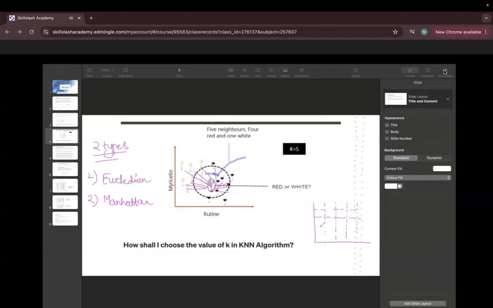So consider we have the x-axis with some feature, and the y-axis with some feature. Suppose we have one coordinate available here, and another coordinate available here. If I want to find the Euclidean distance, I am going to directly fetch the distance between these two points by subtracting the coordinates and squaring them.